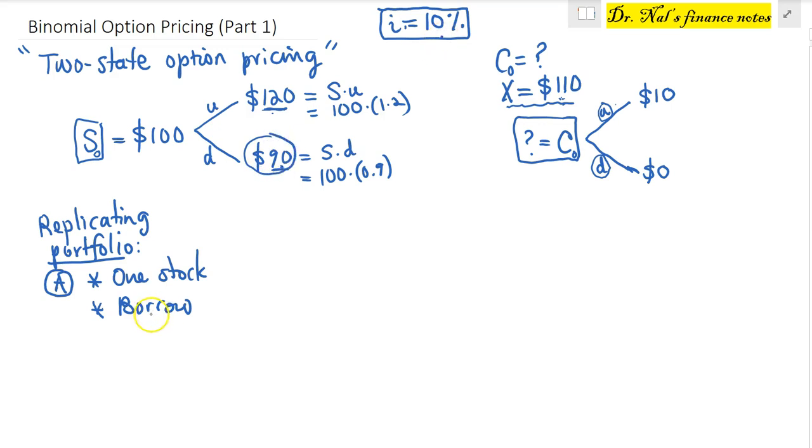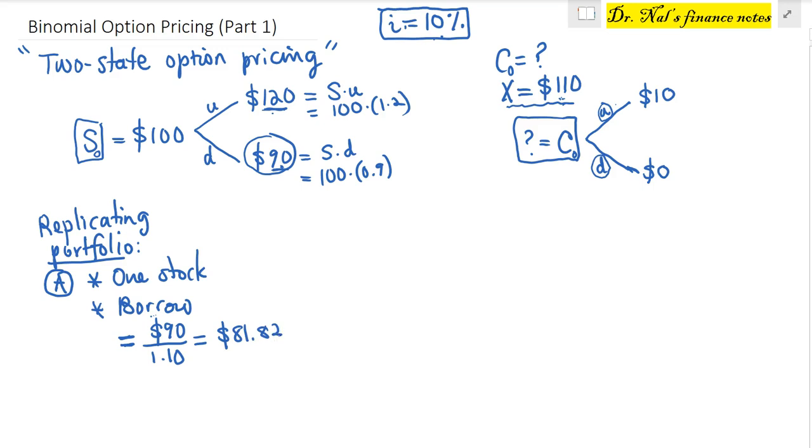That will be the amount that I need to be borrowing. So the amount I will be borrowing would be equal to $90 divided by 1.10, and that should give you $81.82.